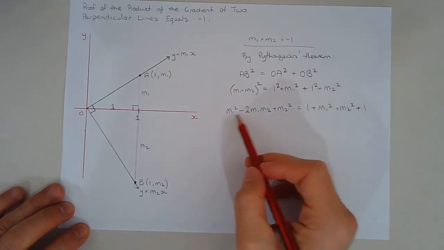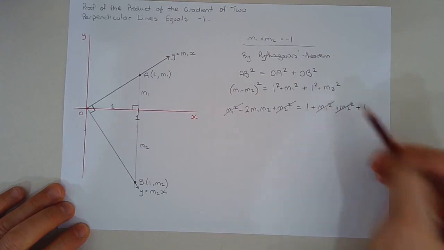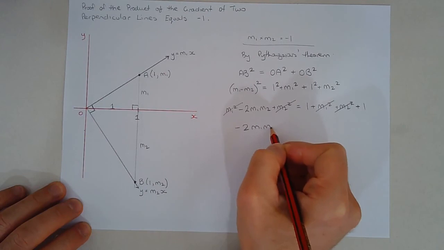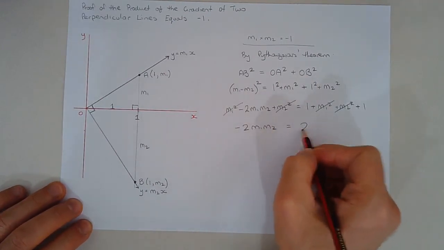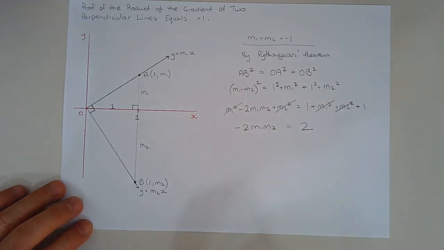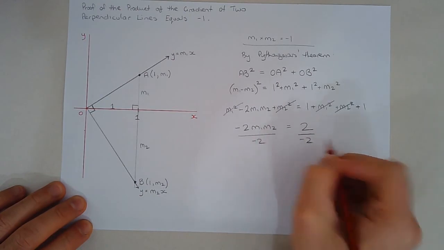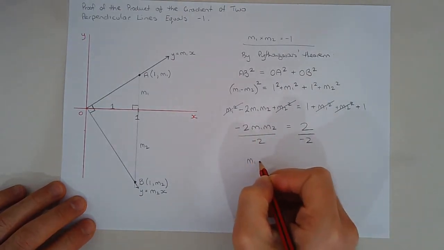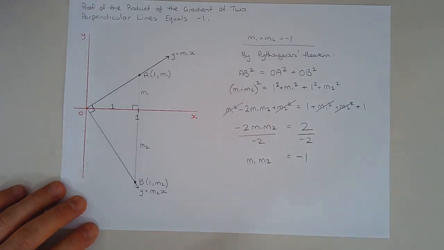Let's cancel out the m1 squared and m2 squared on both sides, which leaves us negative 2 times m1 m2 equal to 2, since 1 plus 1 is 2. If we divide both sides by negative 2 to make m1 m2 the subject, m1 m2 is equal to negative 1.